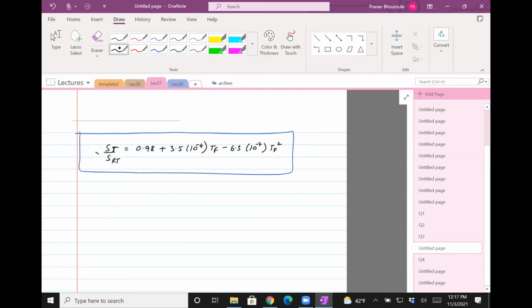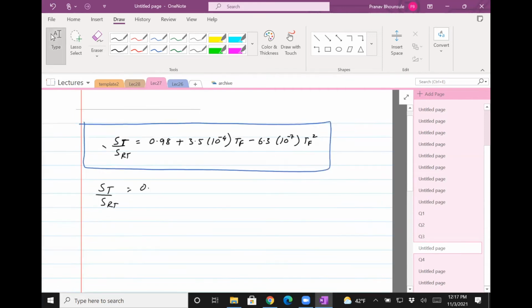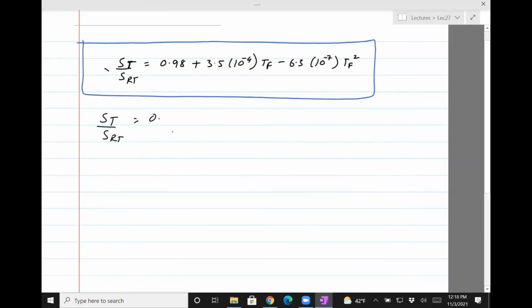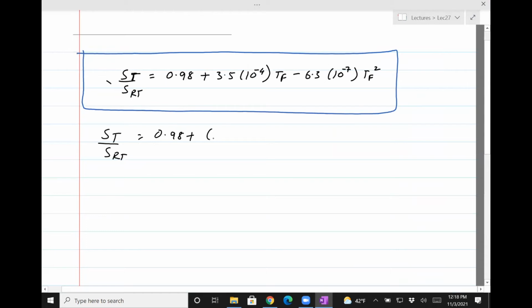Okay, let's just do this calculation now. ST divided by SRT is 0.98 plus 3 times, now temperature is 750, minus 6.3.